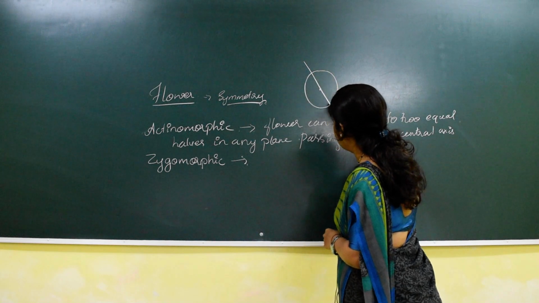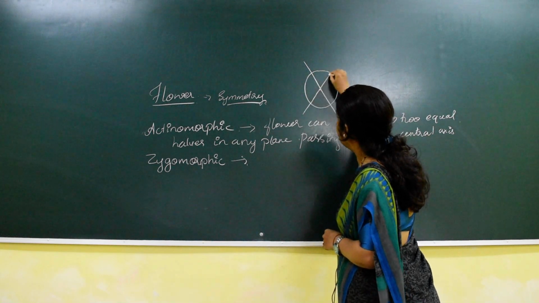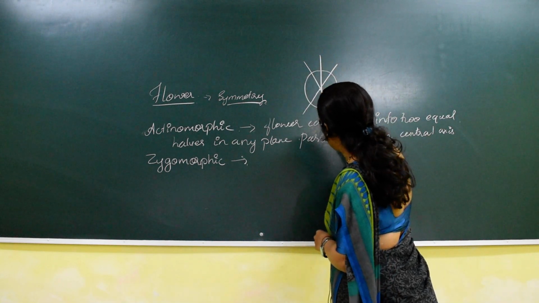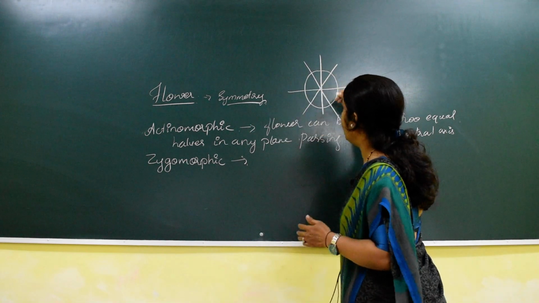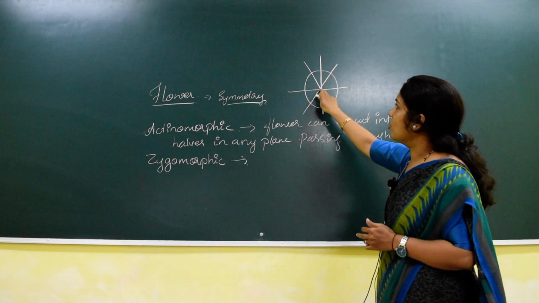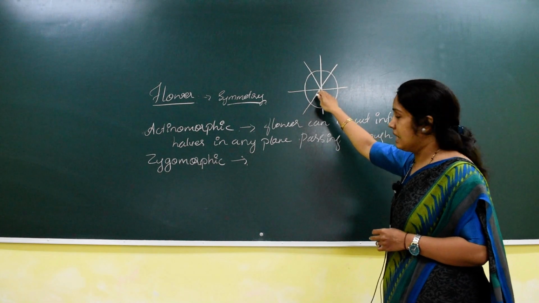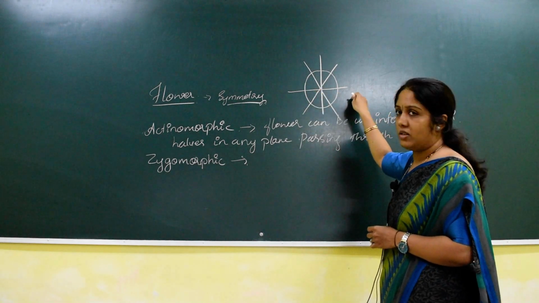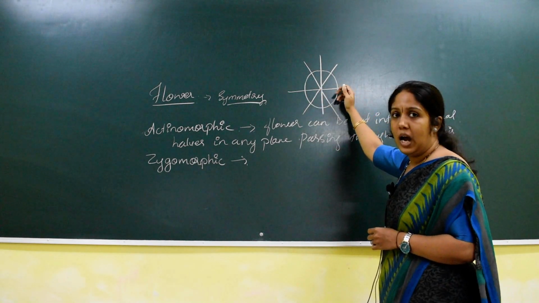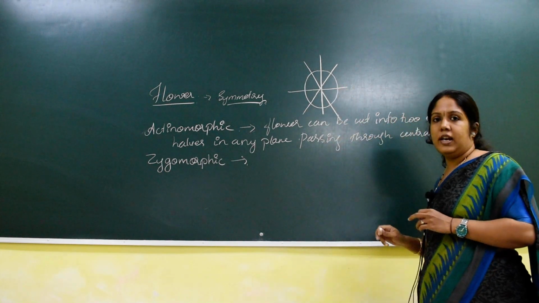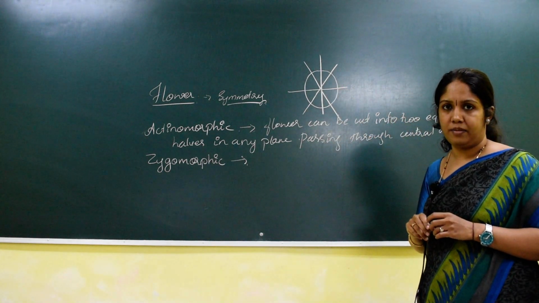Either it can be cut in this plane, or in this way, or in this. You can cut in any direction. The only thing is, it has to cross the central line or central axis. When it crosses the central line, we get 2 equal halves. Such a flower is called an actinomorphic flower.